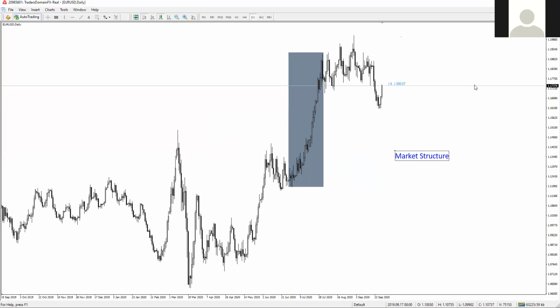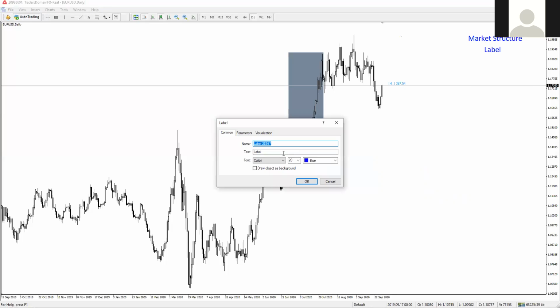When we look at market structure, there's a few things to look at. It's literally what price is doing. So is price going up? Is it going down, or is it going sideways? If it's going up, the uptrend, like all this right here, this is an uptrend.